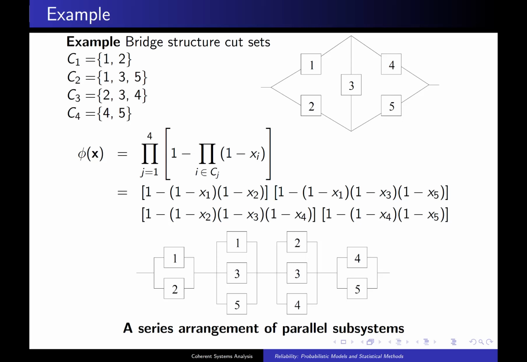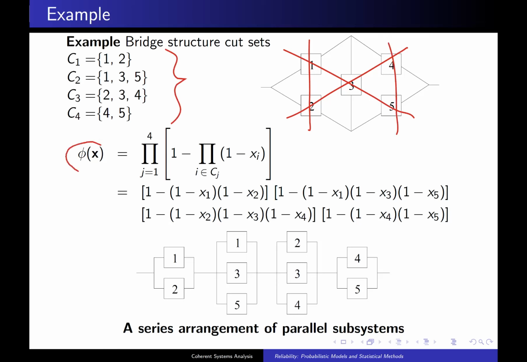Here is an example. Let's say we have the bridge structure, and the cut sets are 1 and 2, 1, 3, and 5, 2, 3, and 4, and 4 and 5. So those are C1 through C4.